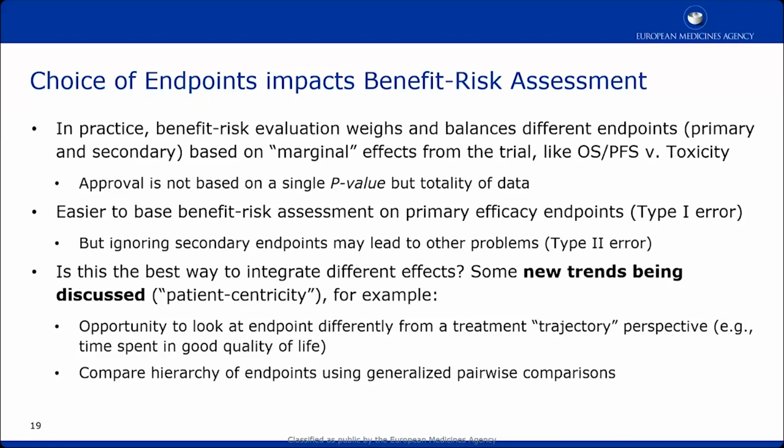So this is a much more complex, comprehensive, holistic decision that needs to take into account not just the primary efficacy endpoint, but the safety endpoints, the secondary endpoints, and all these other aspects that go into the evaluation. So the choice of endpoints in isolation really doesn't make a lot of sense. One should always look at how the benefit risk assessment is going to be performed.